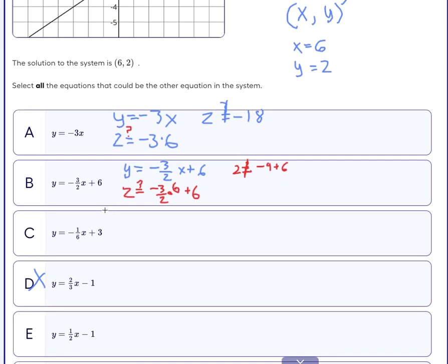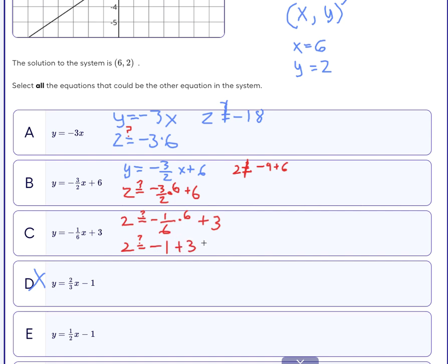Let's try this one. I'm not going to rewrite the equation. I'll just say 2, that's what y is, is it equal to -1 over 6 x, so times 6, plus 3. Let's see. 2, is it equal to negative 1 over 6 times 6, which would just be negative 1, plus 3?